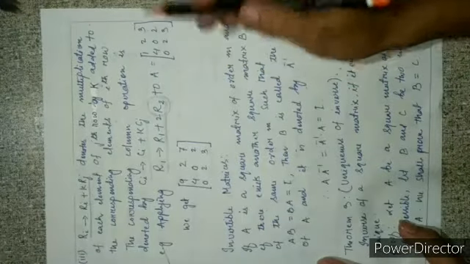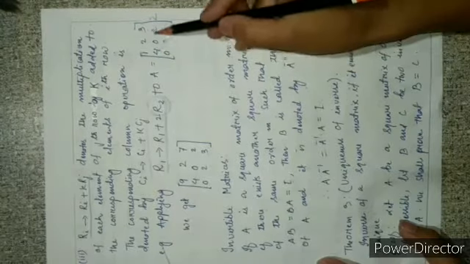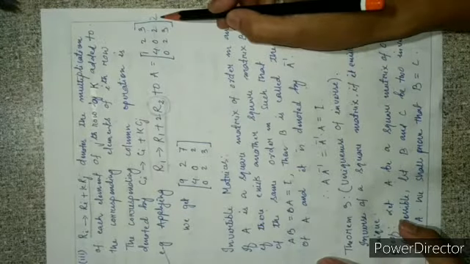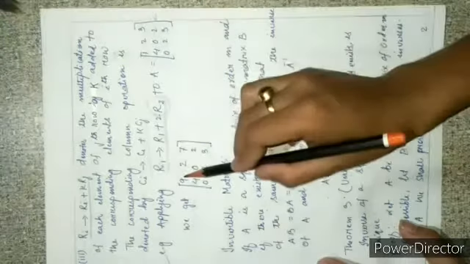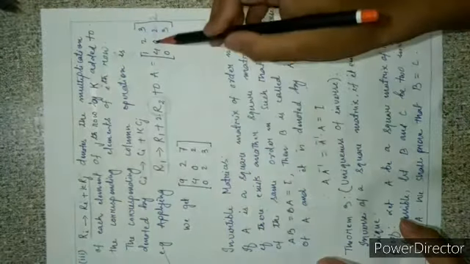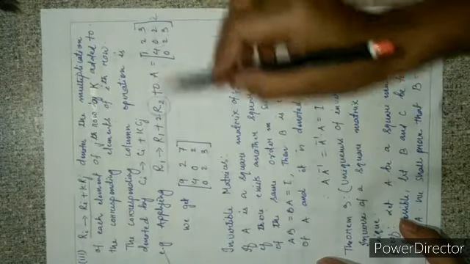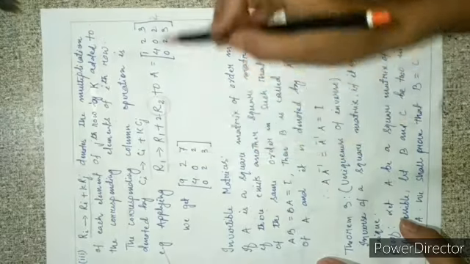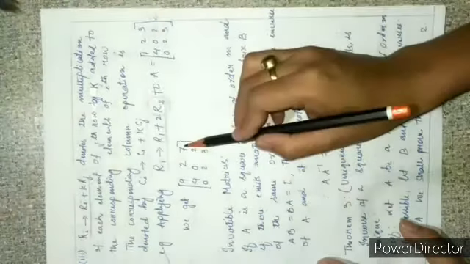All the elements of the second row should be multiplied by 2. 4 into 2 is equal to 8 and 8 plus 1 is equal to 9. Then 0 into 2 is equal to 0, and 0 plus 2 is equal to 2. Then 2 into 2 is equal to 4, and 4 plus 3 is equal to 7.